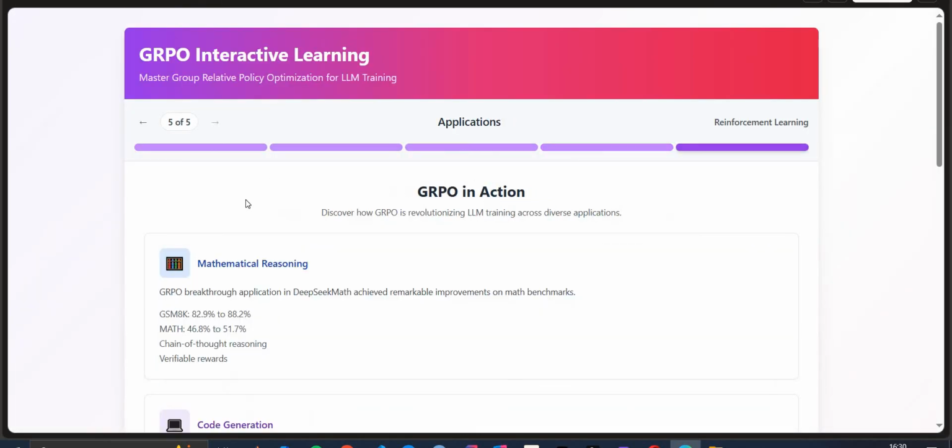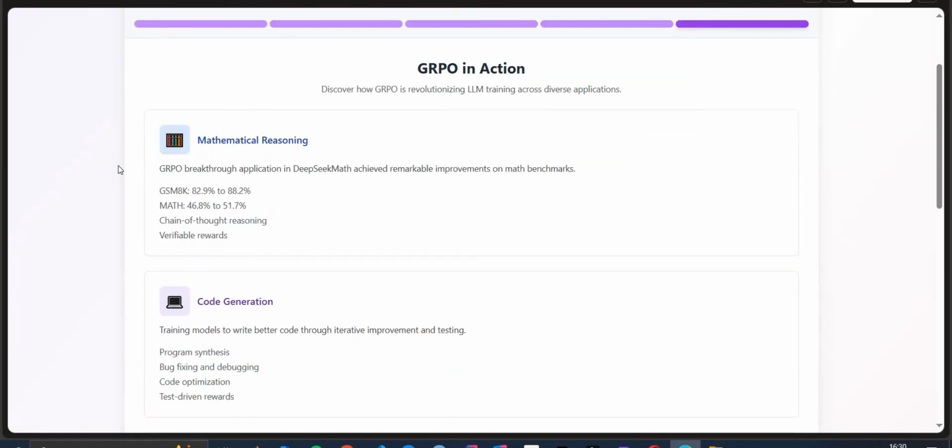And here, applications. So what are they? The first one is mathematical reasoning. This is where GRPO really showed its potential. In the DeepSeek Math project, applying GRPO improved accuracy on standard reasoning benchmarks.